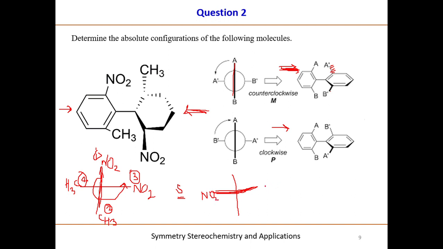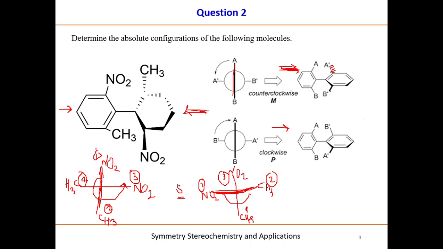NO2, then CH3 group, and the vertical line will remain as it is. NO2, CH3 group, correct? So this is the first priority, this is the second, and the third and fourth priority will be given to this methyl group.